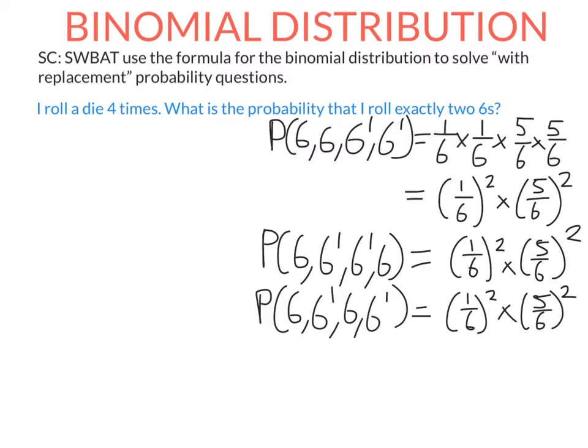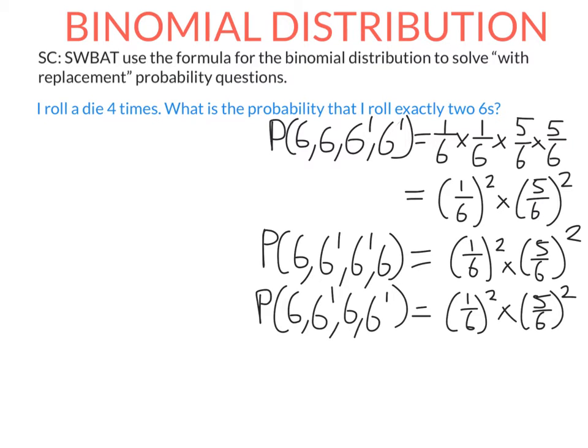So when I had figured out all of the ways I could get exactly 2 6s, I would just be adding this number up over and over again. This number, 1/6 squared times 5/6 squared, which is like 25 over 1,296. But of course, there's a quick way to do it.